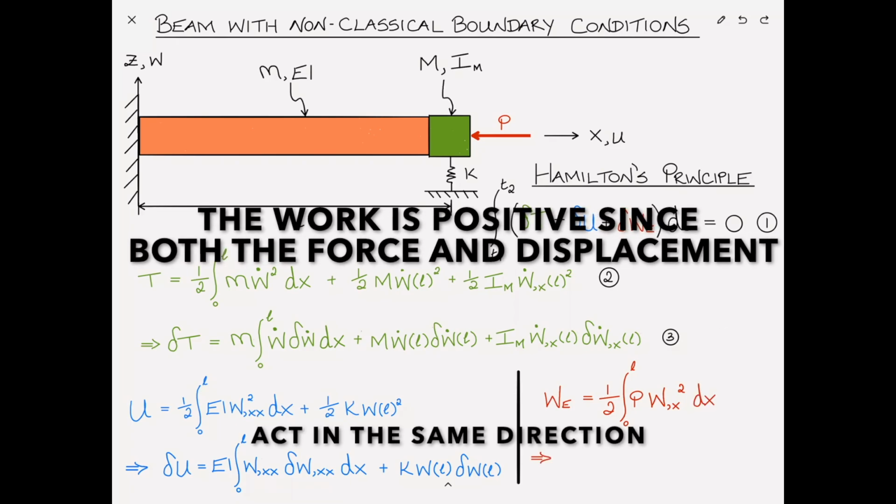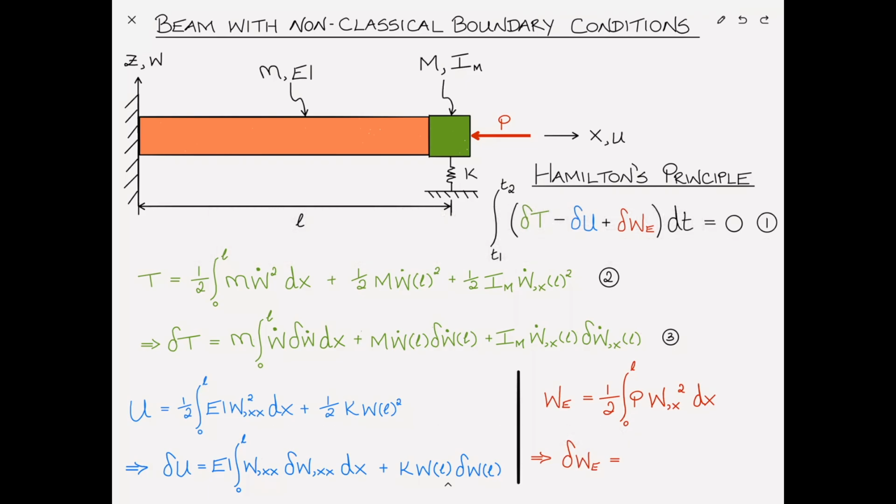Taking the variation of this gives us del WE is equal to, P is just a constant, integral from 0 to L, again the 2 cancels the half, and we're left with w comma x del w comma x dx. Let's give these some numbers, 4, 5, 6, and 7. All right, so let's go and tackle Hamilton's principle by parts.